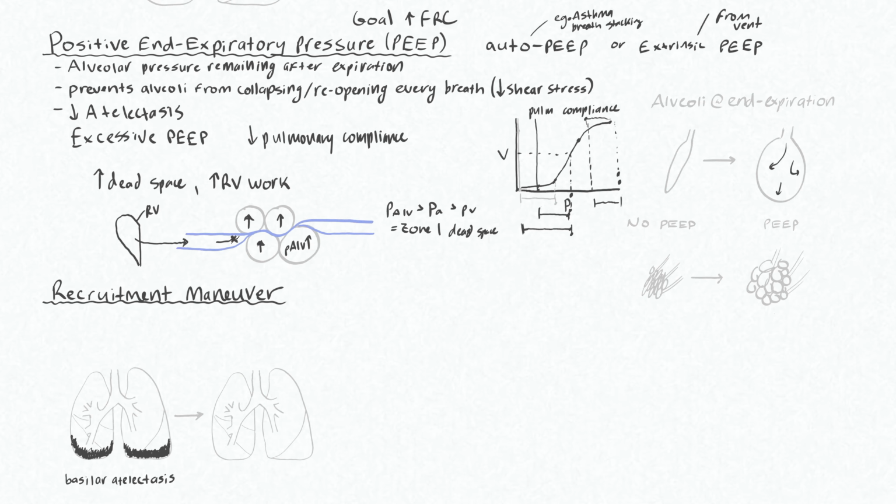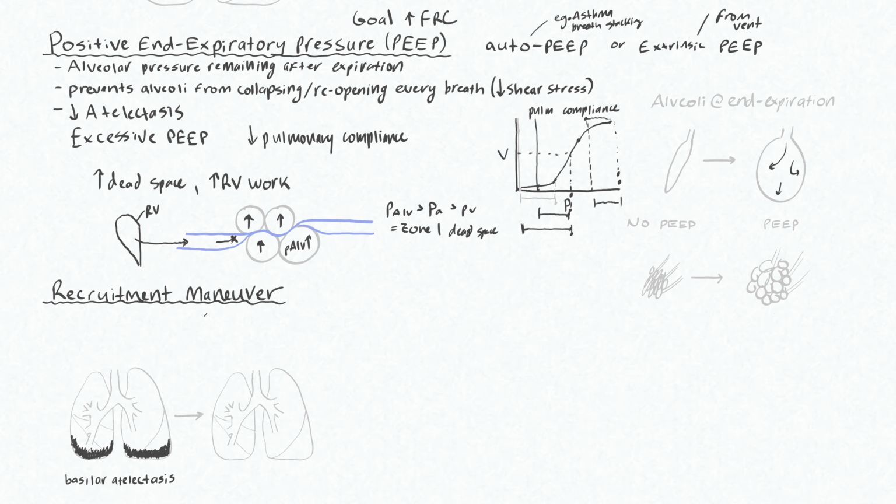Remember that under normal circumstances, or just regular breathing, the pulmonary circulation is a low pressure circuit, whereas now when we're introducing a high amount of positive pressure into these alveoli, then we start to squish down on these capillaries in a very unnatural way.